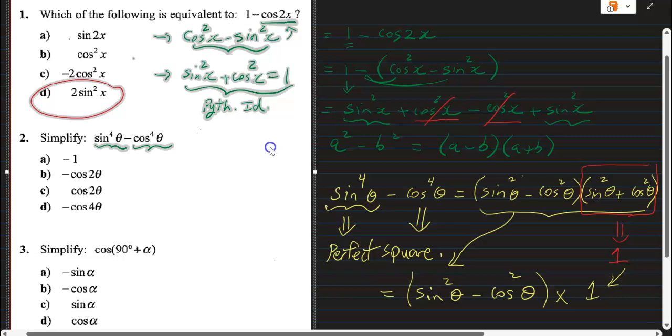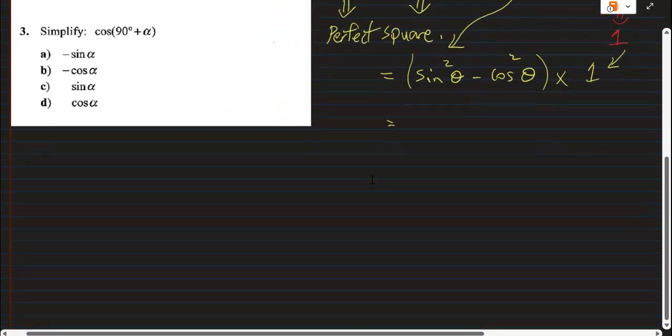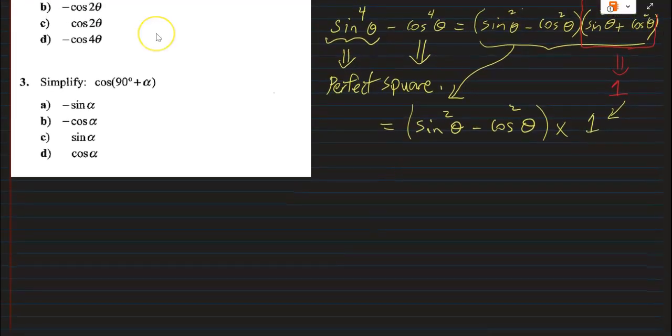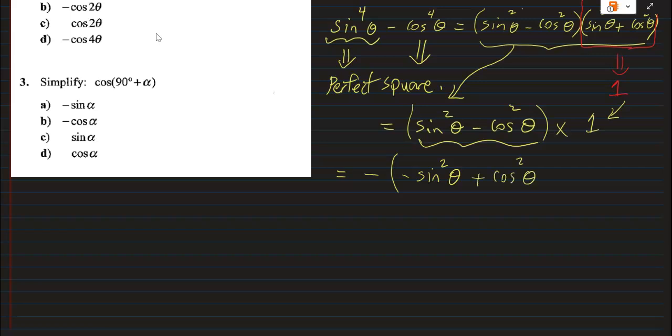So we're going to rewrite this in a smart way. We factor the negative 1 out: sine squared theta becomes minus sine squared theta, and negative cos squared theta becomes positive cos squared theta.